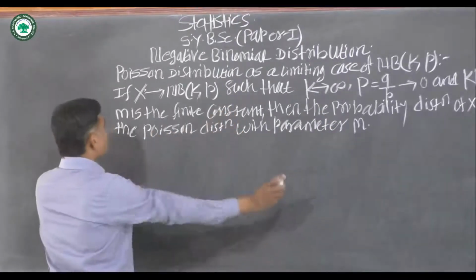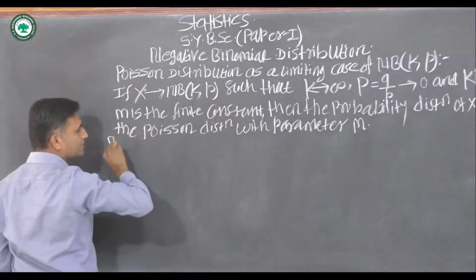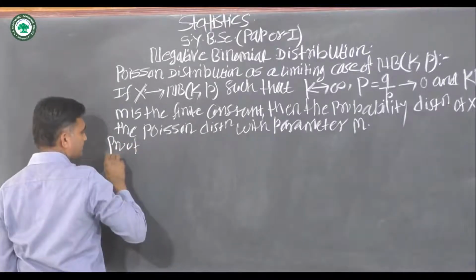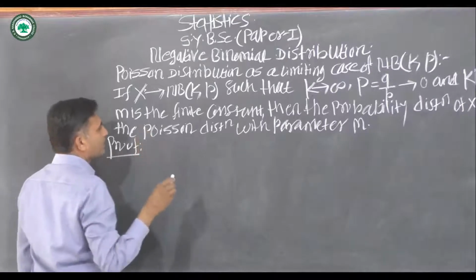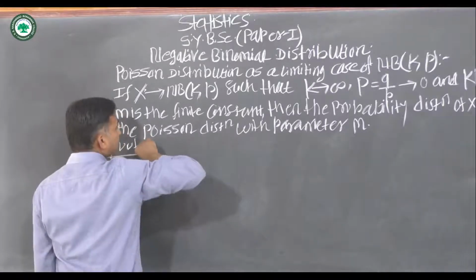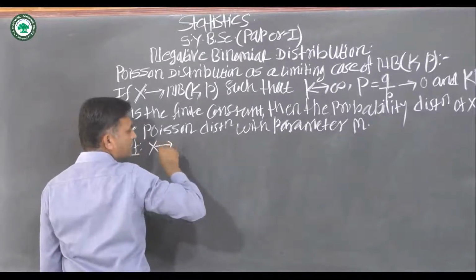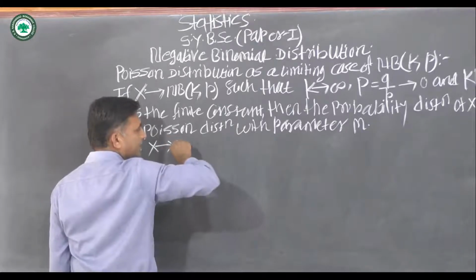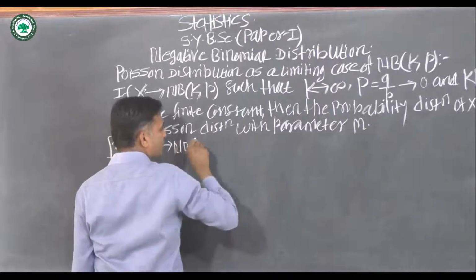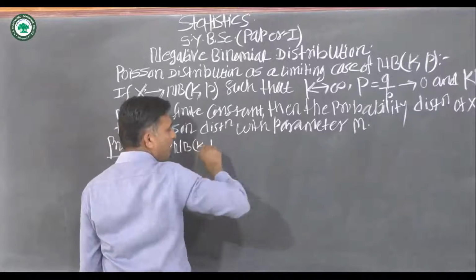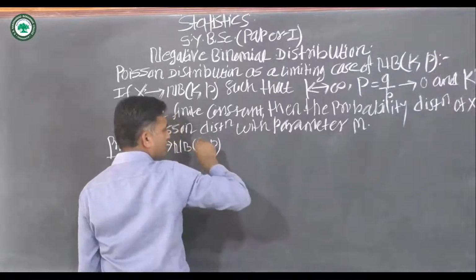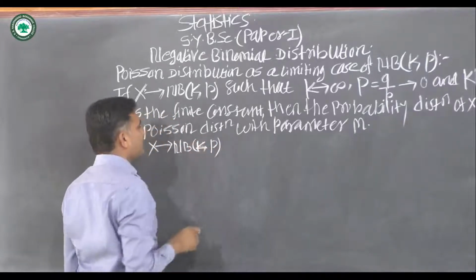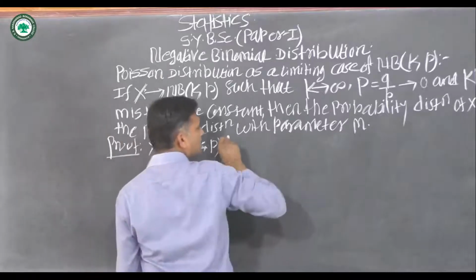Now the proof of this result: x follows negative binomial distribution with parameters k and p.